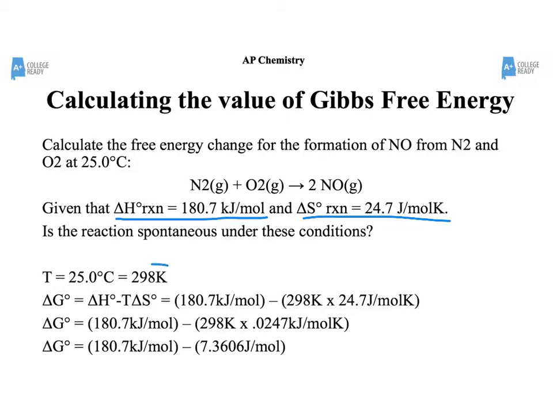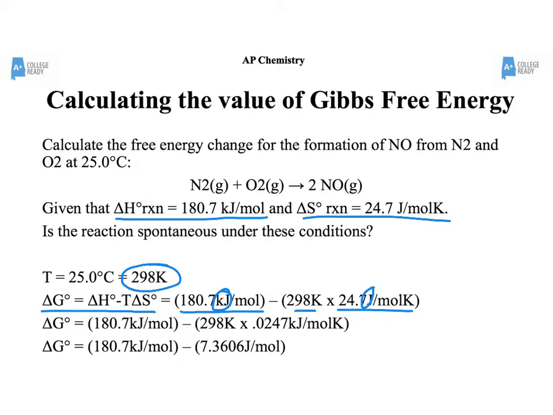So a couple of things we need to do. First, change your temperature to Kelvin, to 298 Kelvin. Then we're going to plug into our equation. Delta G equals delta H minus T delta S. Plug in your delta H, minus the T and the delta S. Now, watch out, because we've got this one in joules and this one in kilojoules. So the first thing we're going to have to do is change one of those.